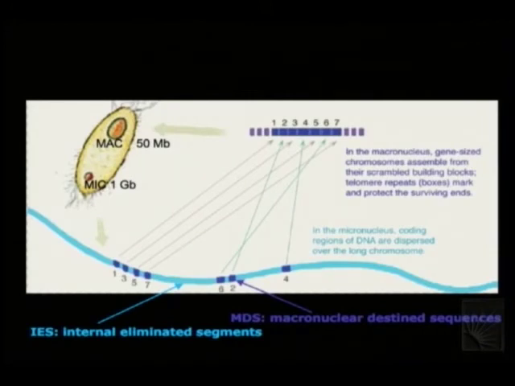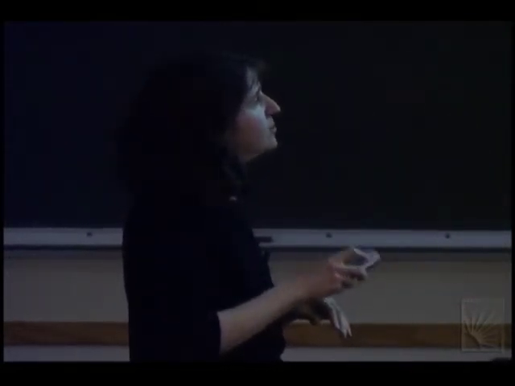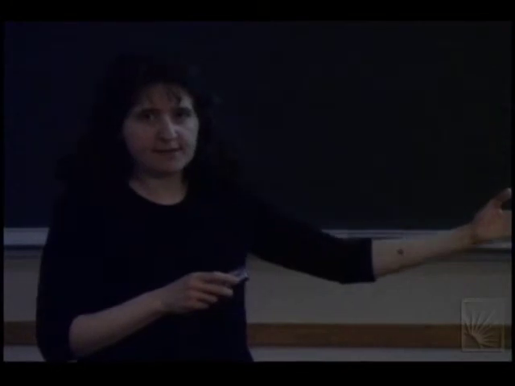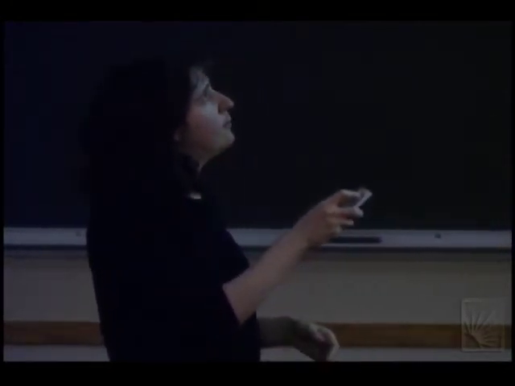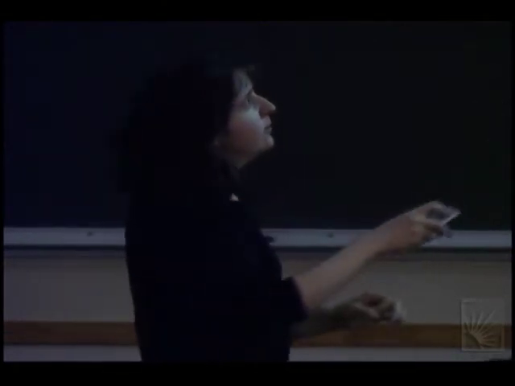So in the unusual case of Oxytricha, they have this alternative lifestyle where they have their own solution they've come up with to this paradox of why so much junk DNA in our genomes. We can't answer the question yet as to why they have so much junk DNA, although we'll come back to that at the end. But we can answer the question, what do they do with all this junk DNA? That is, on a day-to-day basis for vegetative growth, they throw it away. They are the premier recyclers.